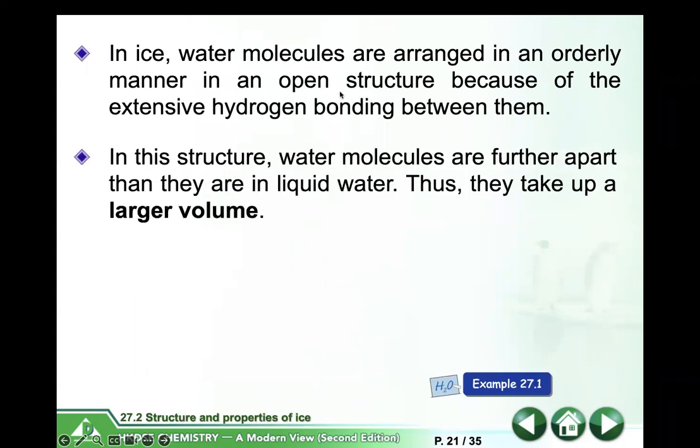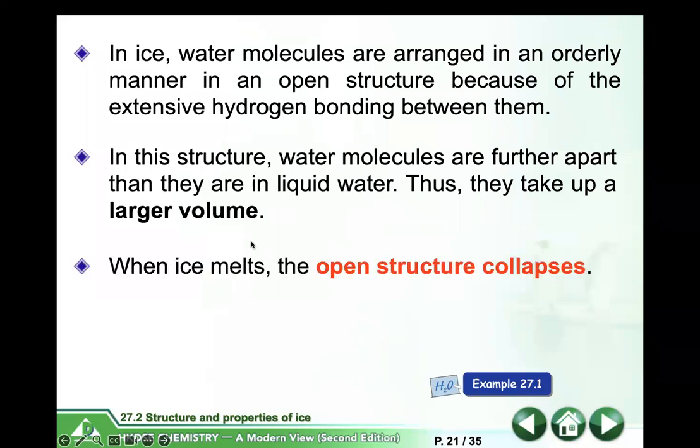An open structure means they have empty space. Because of the extensive hydrogen bonding between them, there is an open structure in the way the water molecules are arranged. In this structure, water molecules are further apart than they are in liquid water. Thus, they take up a larger volume.